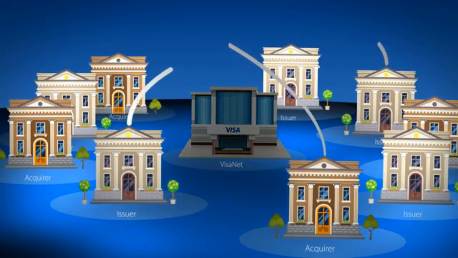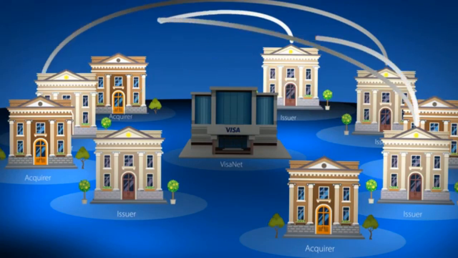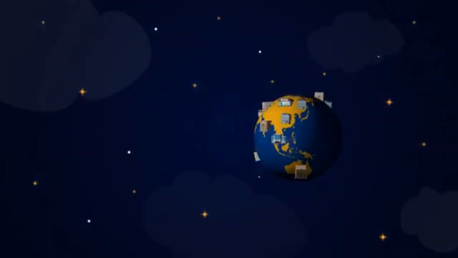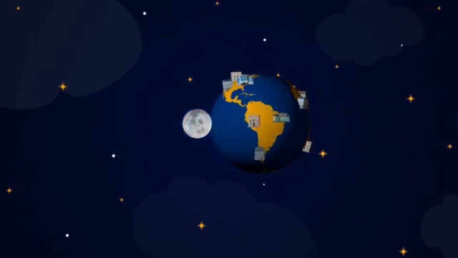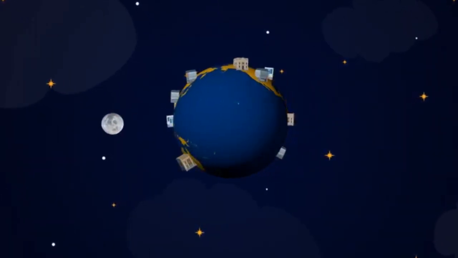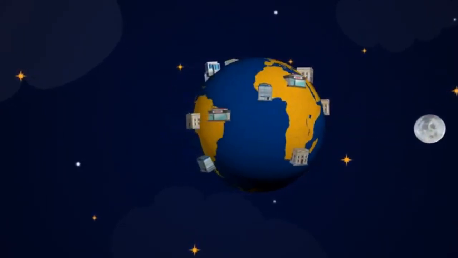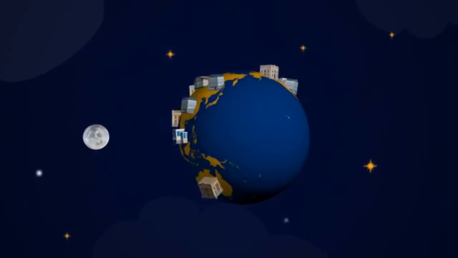Funds are then transferred between each institution with account activity to settle all transactions that have occurred within a specific processing day. At this point, the process is complete. Payments have become faster and more secure than ever before, providing a foundation for innovation, enabling exciting new ways to pay and be paid. From e-commerce to mobile, person to person, and beyond, electronic payments networks are helping to pave the way to the future.